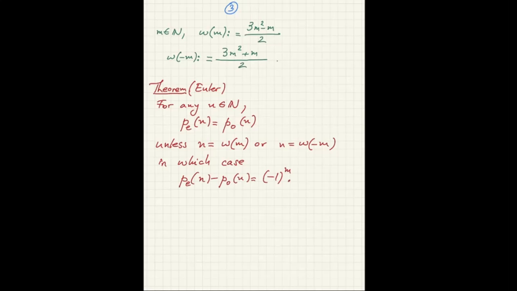Okay, so for most values of the natural number n, the number of partitions of n into an even number of distinct parts is the same as the number of partitions of n into an odd number of distinct parts.